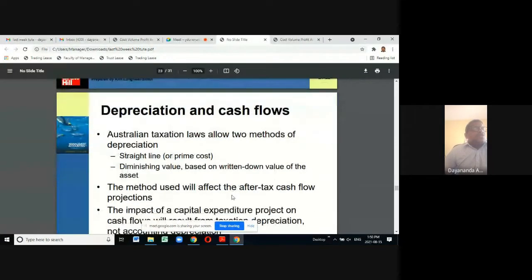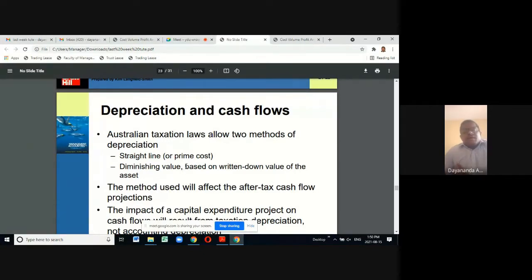Depreciation and cash flows. This is about the Australian method, but in the Sri Lankan method also we use the straight line method. The straight line method means you just divide the total cost by the lifetime. I think last time I did one example.